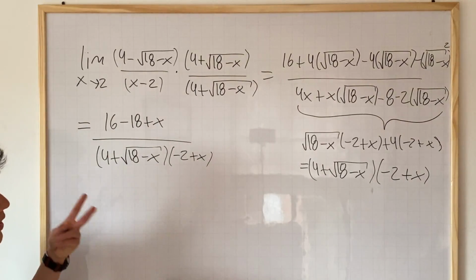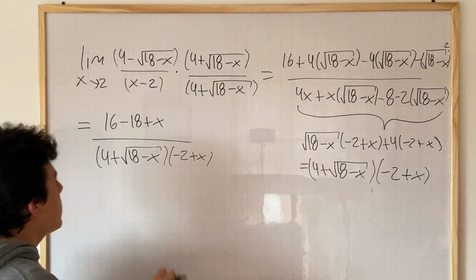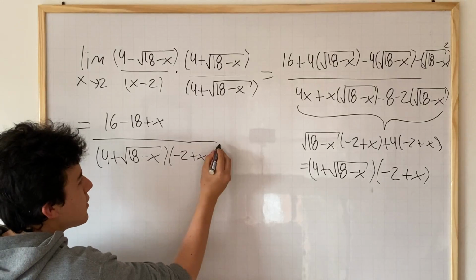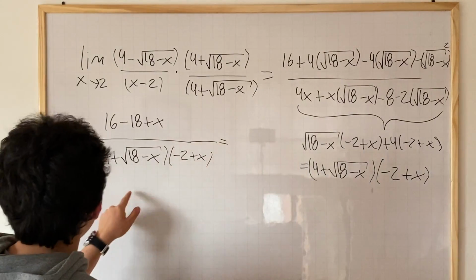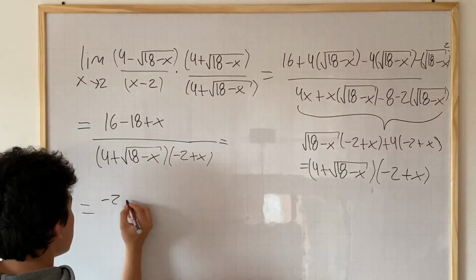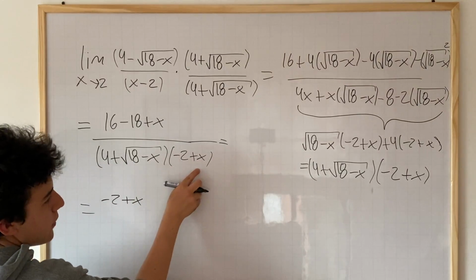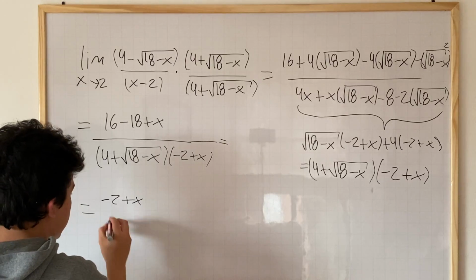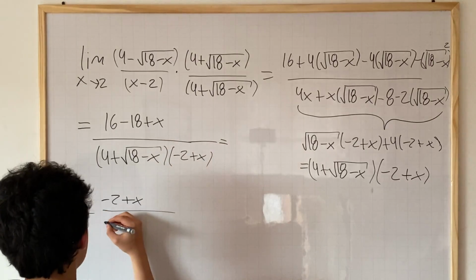Now, why did I say that? It was very important that you were careful with the signs in this case. Well, if you see here, this would give us simply minus 2 plus x. And down here, we also have minus 2 plus x. So, well, we know those two, they would go out.